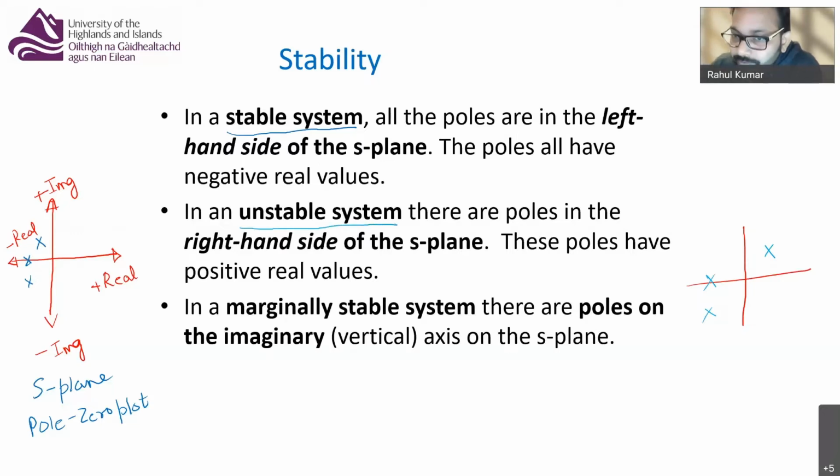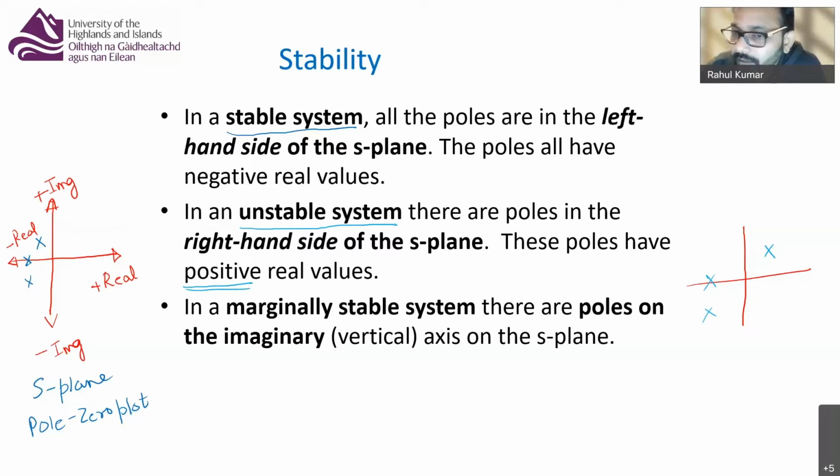So if one, any, or all of the poles are on the right hand side of the S-plane, my system will be unstable. Right hand side means positive value.